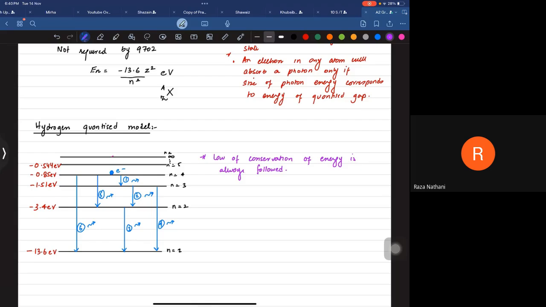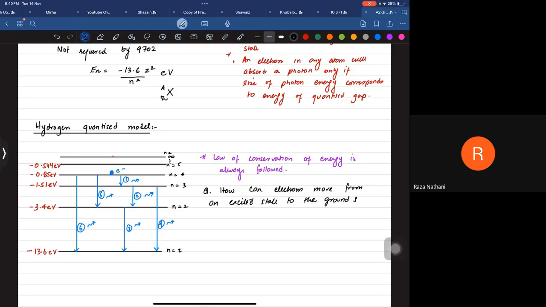So now we need to answer this question, where it says, how can electrons move from an excited state to the ground state?